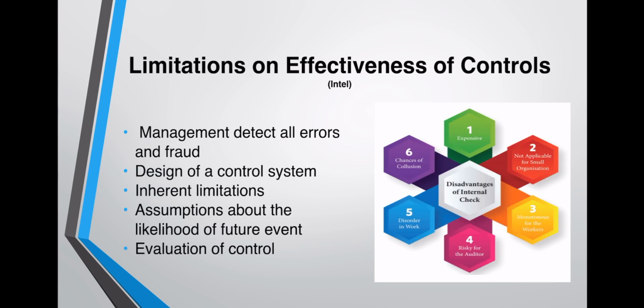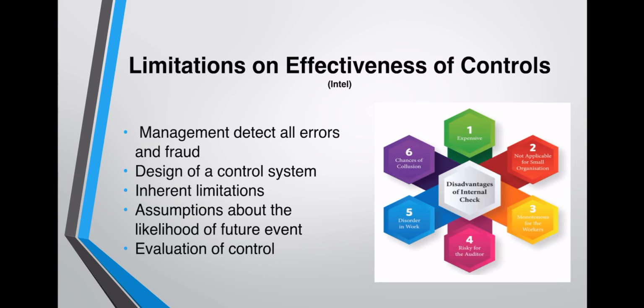The next one is assumptions about the likelihood of future events. The design of any system of controls is based in part on certain assumptions about the likelihood of future events, and there can be no assurance that any design will succeed in achieving its stated goals under all potential future conditions.